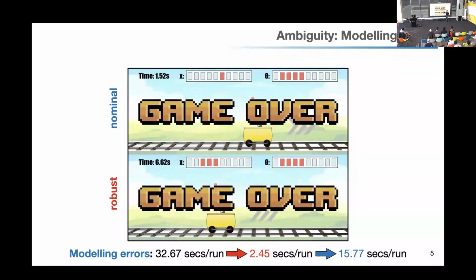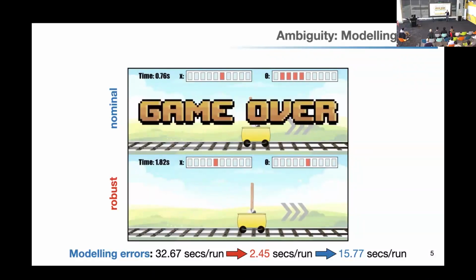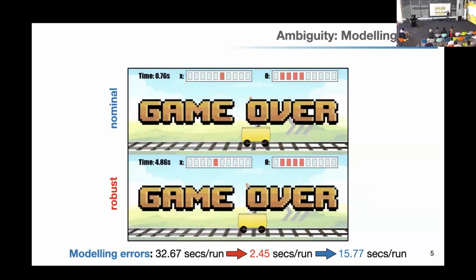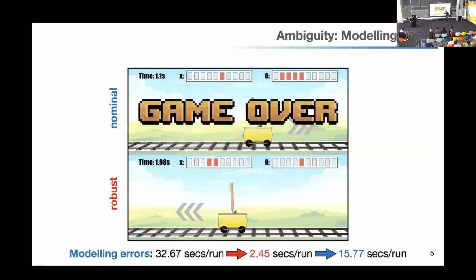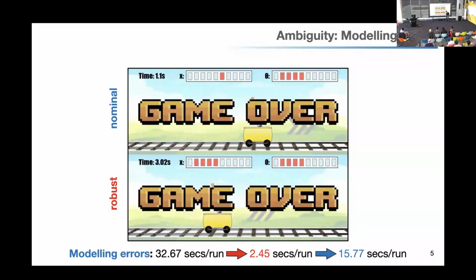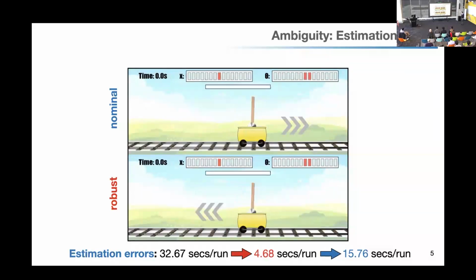The robust policy will not perform as well as under the fine state space discretization, but it does perform quite a bit better than the nominal policy. In fact, instead of managing to balance the pole for 2.5 seconds on average, it manages to balance the pole for about 15 seconds. Not close to the 32 seconds under the fine discretization, but it does manage to alleviate some of the negative impacts of modeling errors.